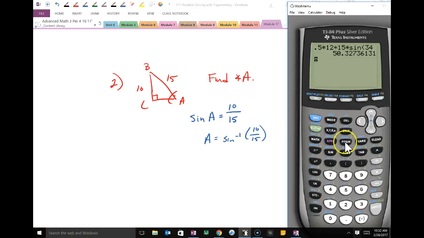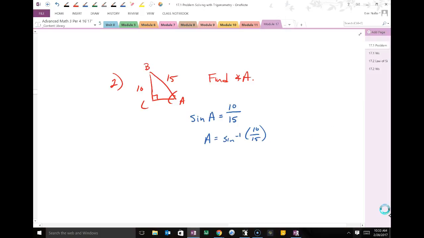So second sine of 10 divided by 15. You guys remember that? Yeah. Coming back slightly. So 41.8, yes. Okay, so that's how you always find angles, is you always do an inverse.